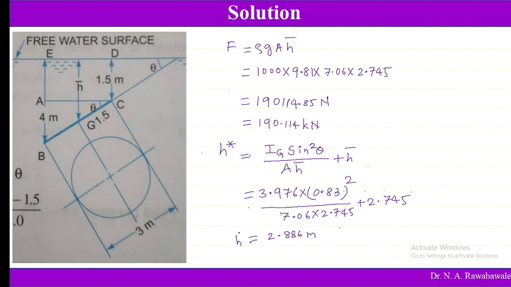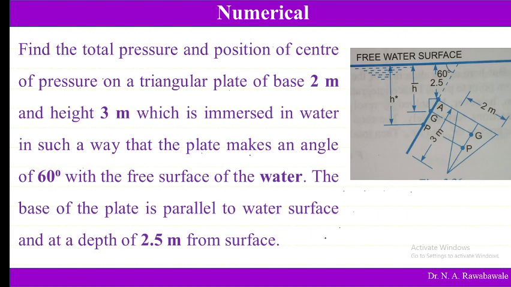So this is H star, or the distance of the center of pressure from the free surface of this liquid, given by 2.886 meters. So now coming to the next numerical.